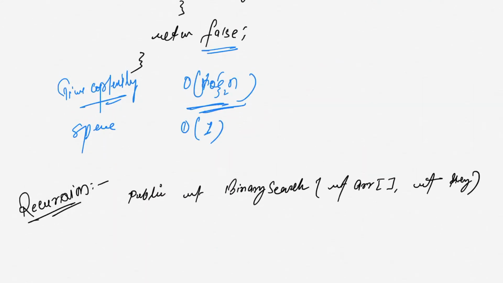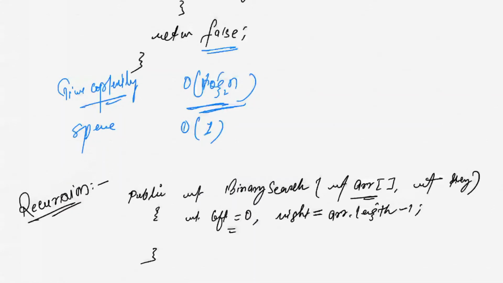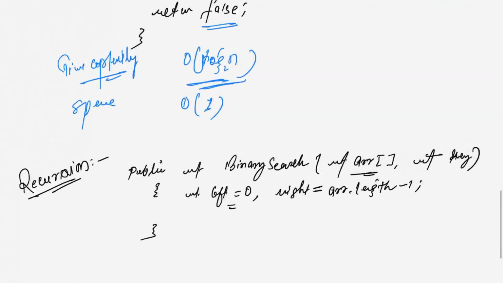It's pretty simple, we need the recursion helper. As we discussed, we need left which is going to be 0 initially, and right is going to be array dot length minus 1.